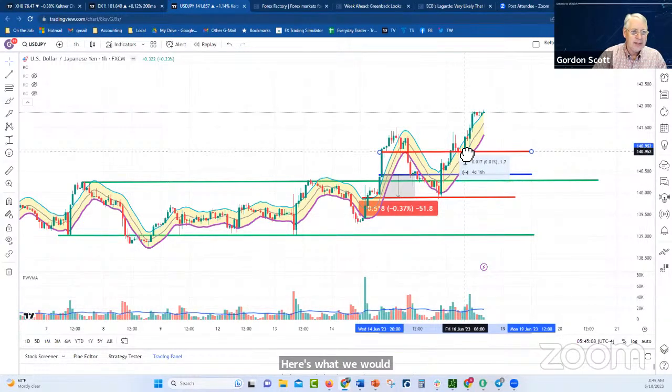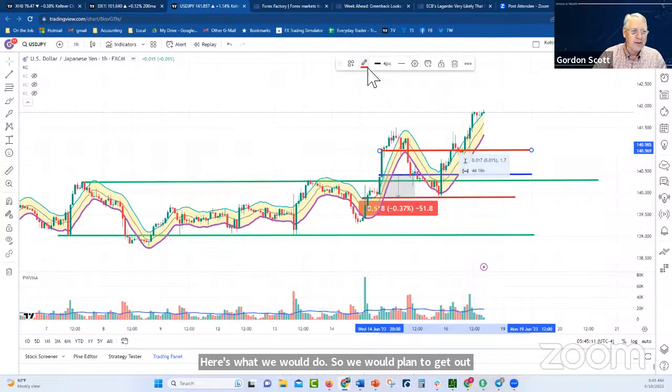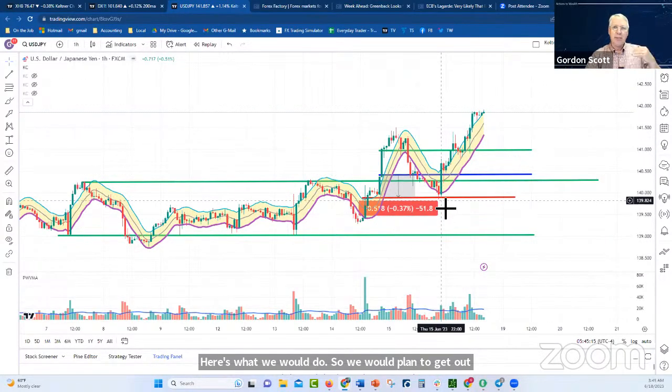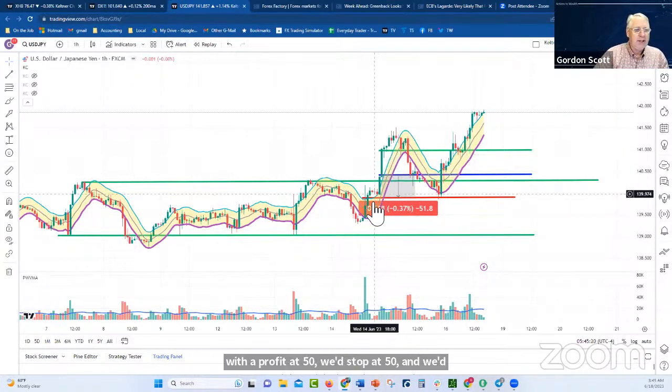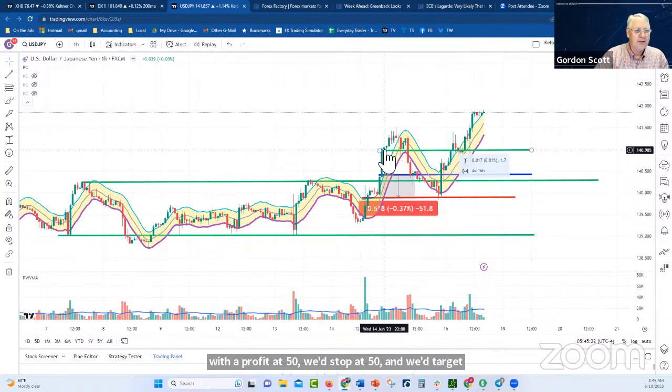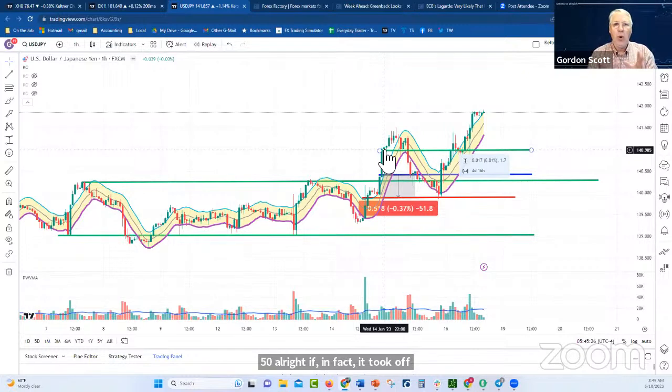We would plan to get out with a profit at 50. We'd stop at 50 and we'd target 50. All right. If in fact it took off, instead of getting out at 50, what we would do is sell half of our position, close half of our position, and let the other half continue to ride.